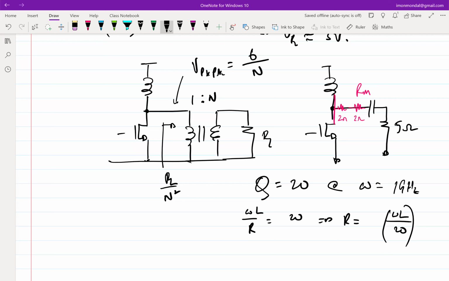So then we decide to use this 1:N, 1:3 or 3.5, whatever, to get these power numbers. So then my question is, is there a way of reducing this loss that comes from the matching network for a given turns ratio?